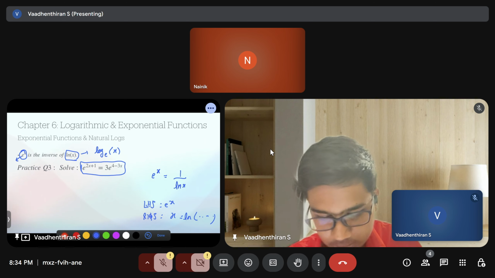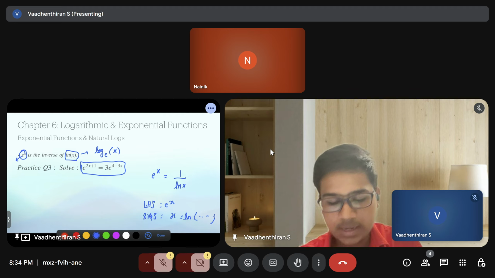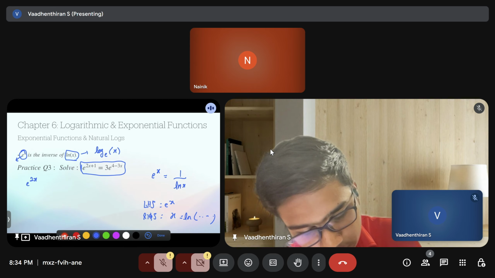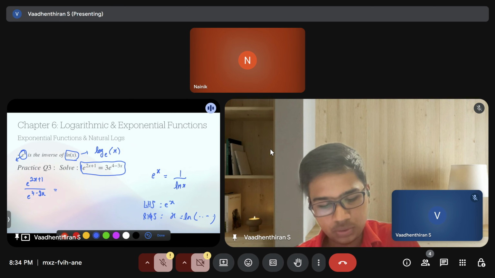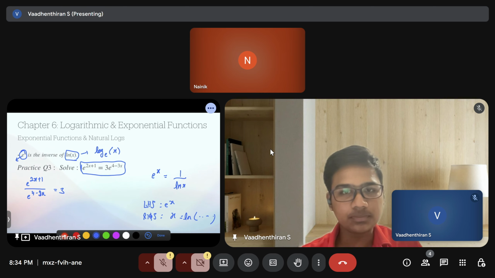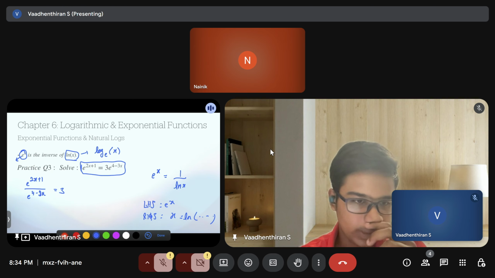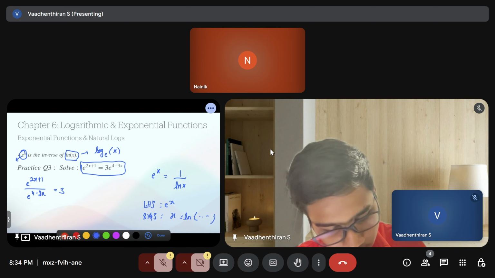First, make e to whatever x can be on one side. If the left hand side and right hand side are both e's, you can bring them into one side. So you do e to the 2x plus 1 divided by e to the 4 minus 3x equals 3. From the exponent rule, if you divide, you subtract the powers.